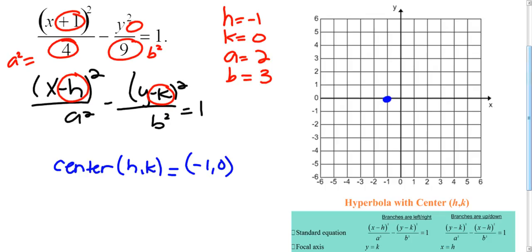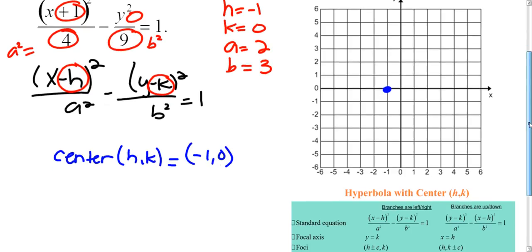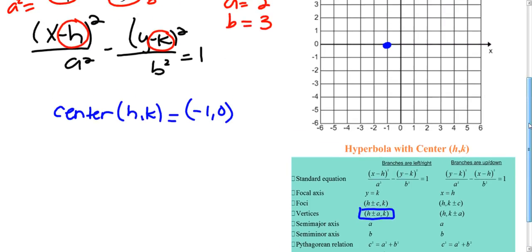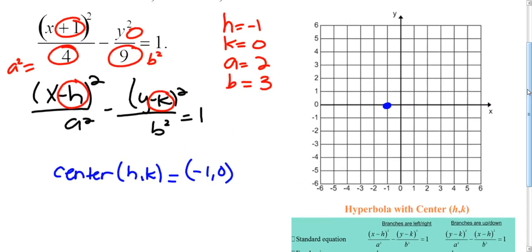All right, my vertices. You can see if you use your handy dandy little formula, your vertices on this kind of hyperbola go like this. It's h plus or minus a, and then k.